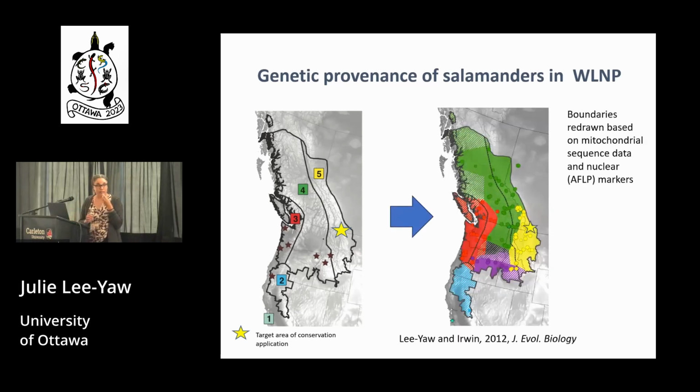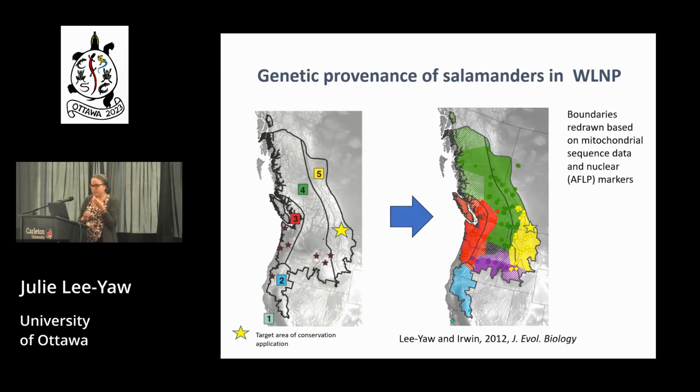However, as a PhD student, I was really interested in using genetic data to delineate the lineages in the system. This is a map of what I got at that time. It's the same range map, but this time the shading indicates genetic boundaries based on nuclear data, and the symbols indicate genetic boundaries based on mitochondrial data.